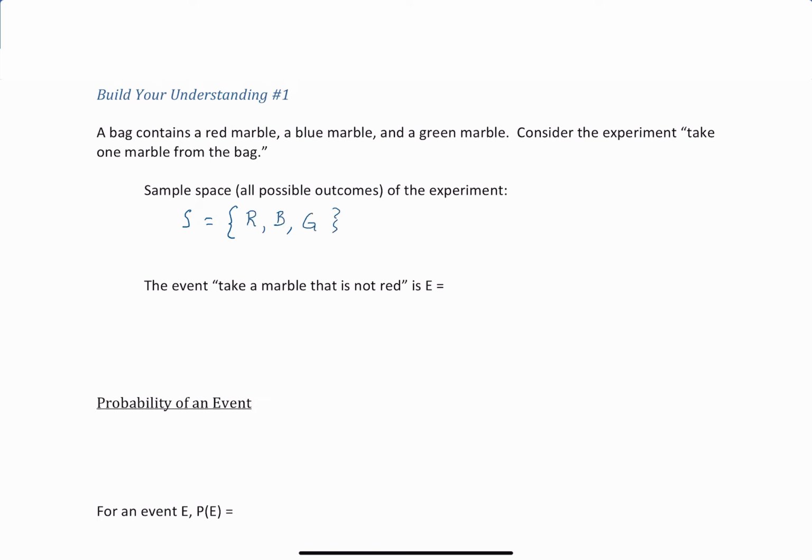The event take a marble that is not red is E equals, and then we have the curly brackets. Now if we take a marble that's not red, that means we've either taken a blue one or a green one.